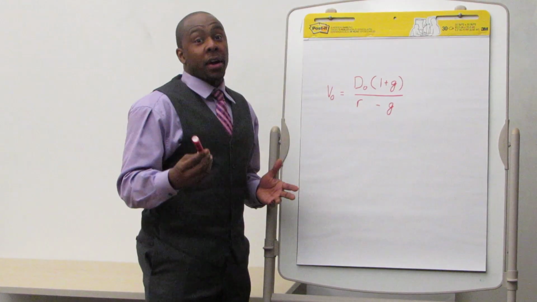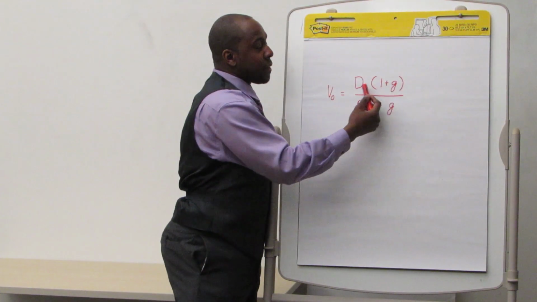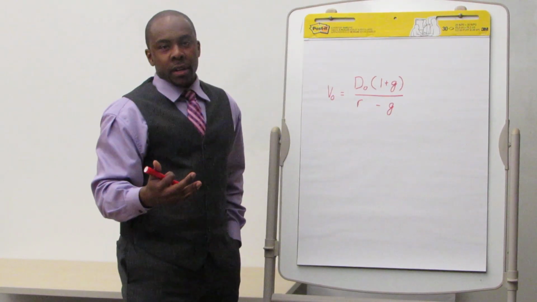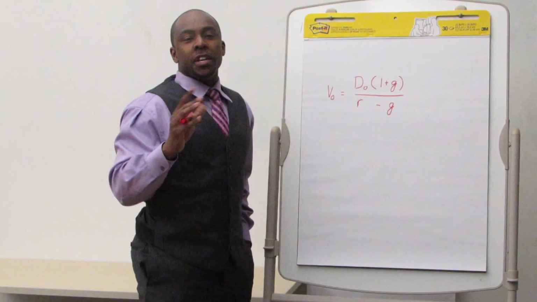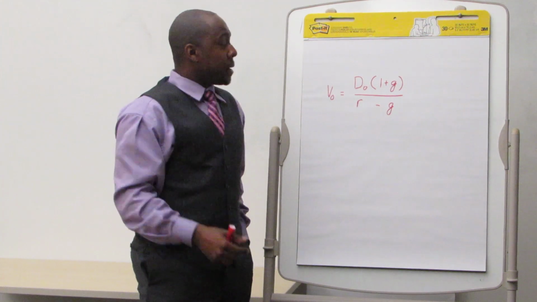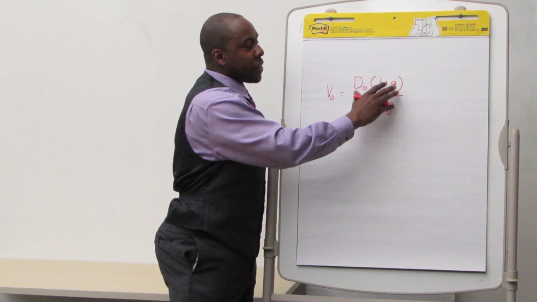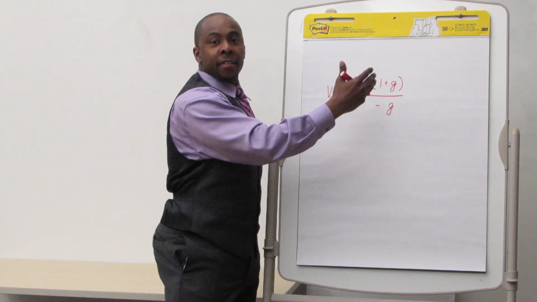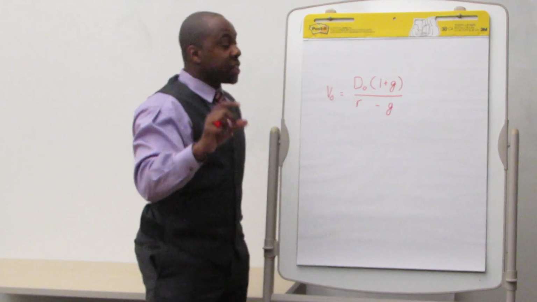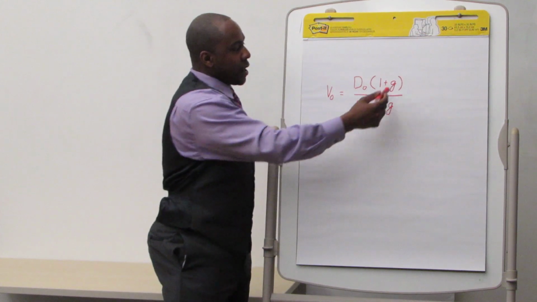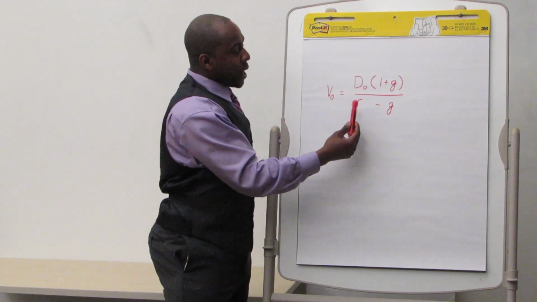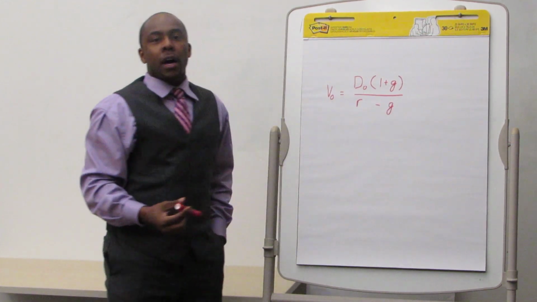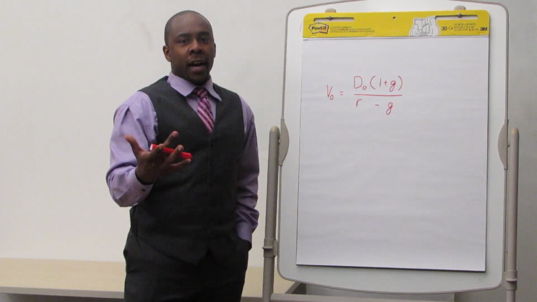So your growth rate of the dividend should be around the GDP rate of the country that you're investing in. So if it's in America, this should be around 3, 4, 5, 6% in terms of nominal GDP. And so these two g's are the same.